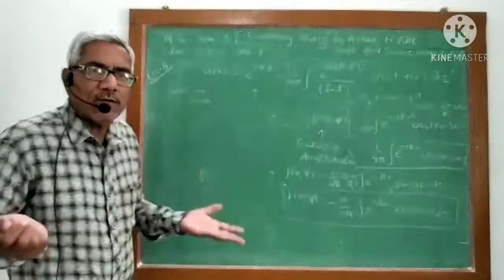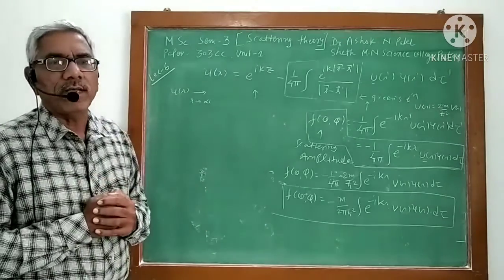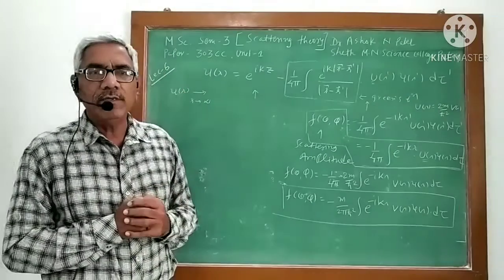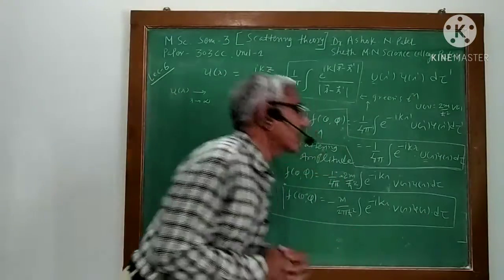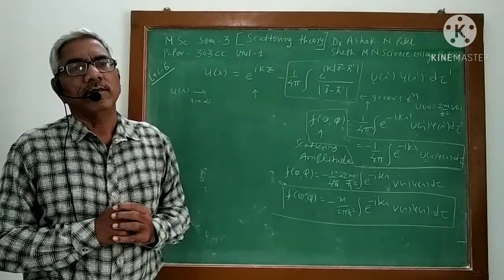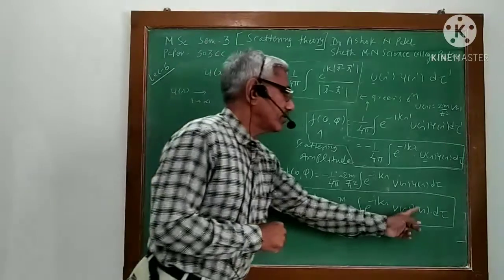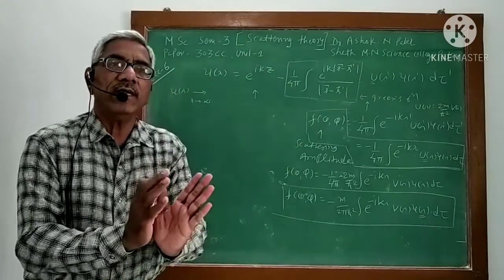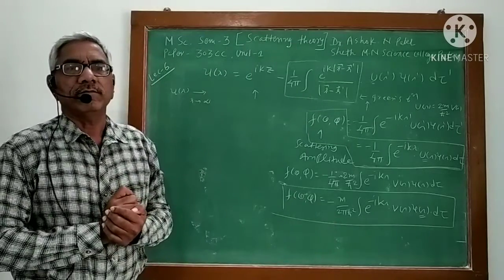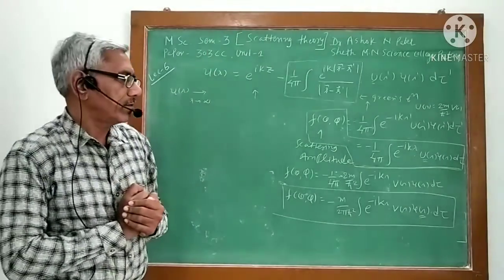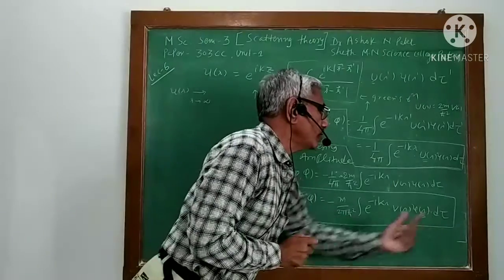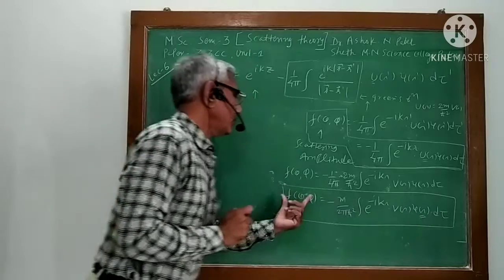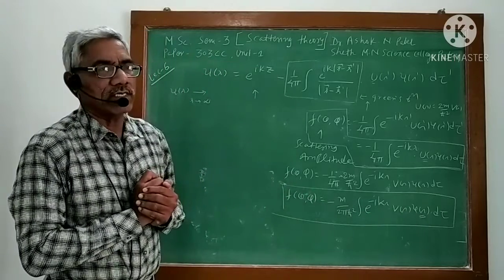Okay, but here also there is a problem, because in the solution of this scattering amplitude we have this UR inside an integration. So we should know the wave function at different points, not at a particular point. If you know the wave function at different points, then and only then can you find the scattering cross section.